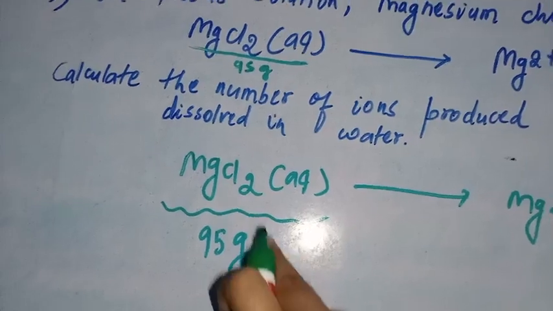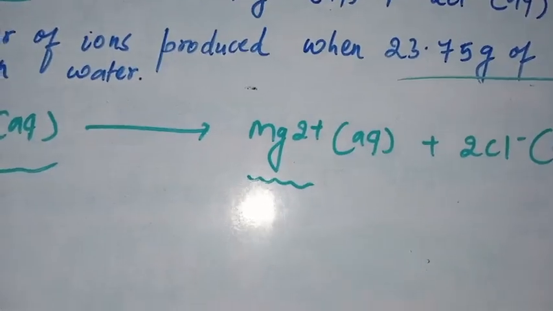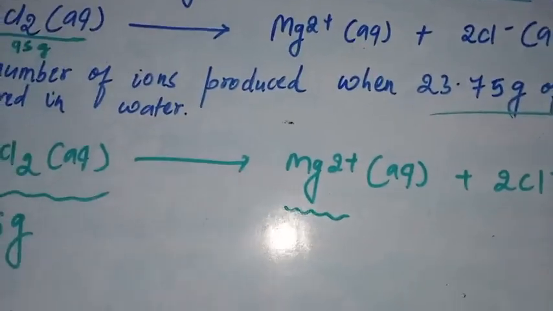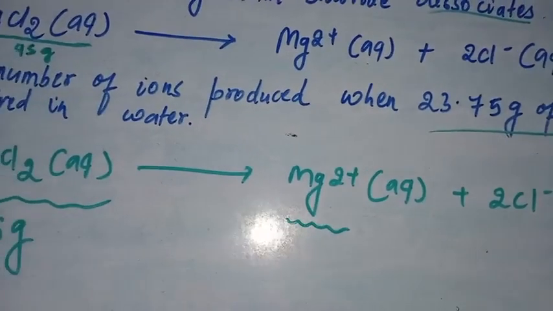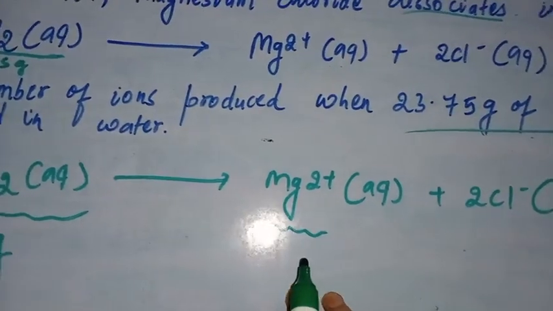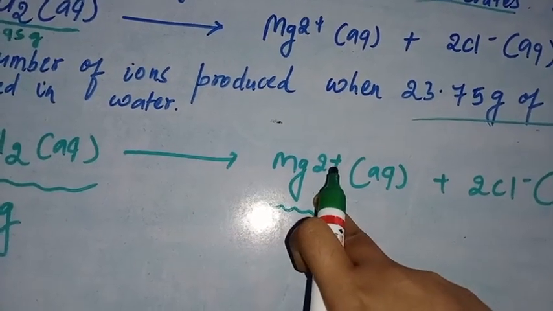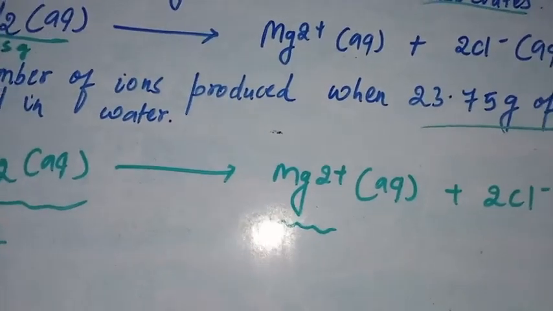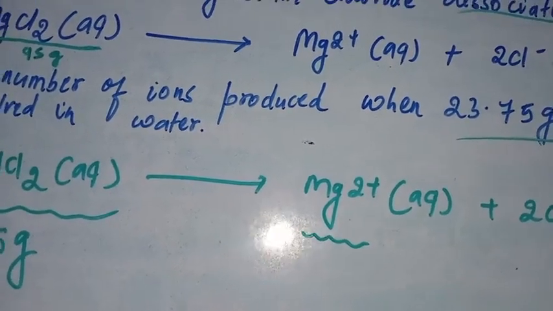So 95 gram of MgCl2 on dissociation gives, as I told you, that the mass of atoms is equivalent to the mass of the ions. So the molar mass of magnesium atom will be the mass of magnesium ions also. If you see the molar mass of magnesium, how much is it? It is about 24 grams.